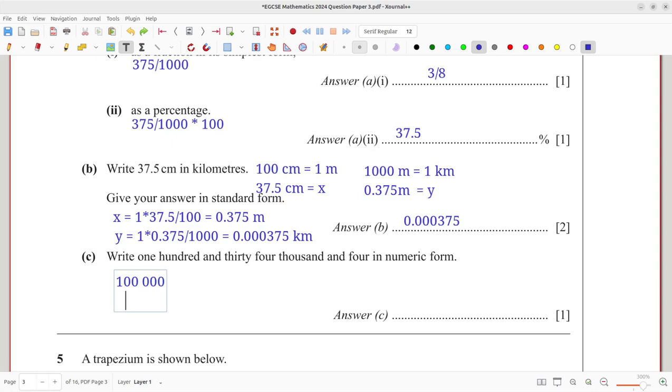So just push it a little bit, then put 34,000. Next number, it's and 4. 1, 2, 3. So it's obviously the last one there, 4. So if you add everything there, you are going to get your 134,004. That's 134,004.